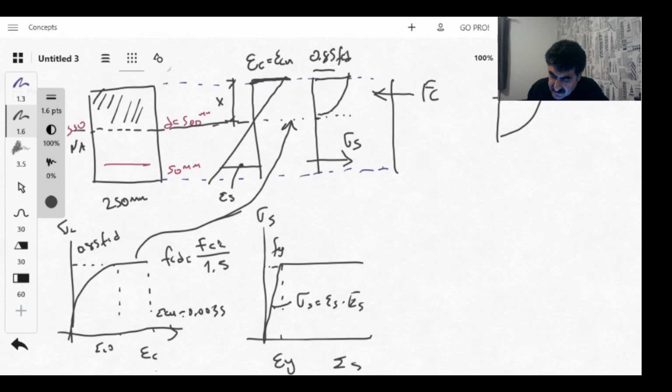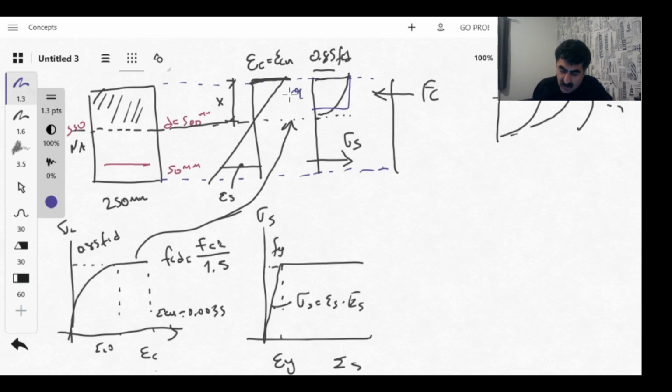I can use an integral, but this will be difficult, so I need a simple method. I can use an equivalent rectangular stress block. I can consider this shape as a rectangle, and the depth of the rectangle will be a.